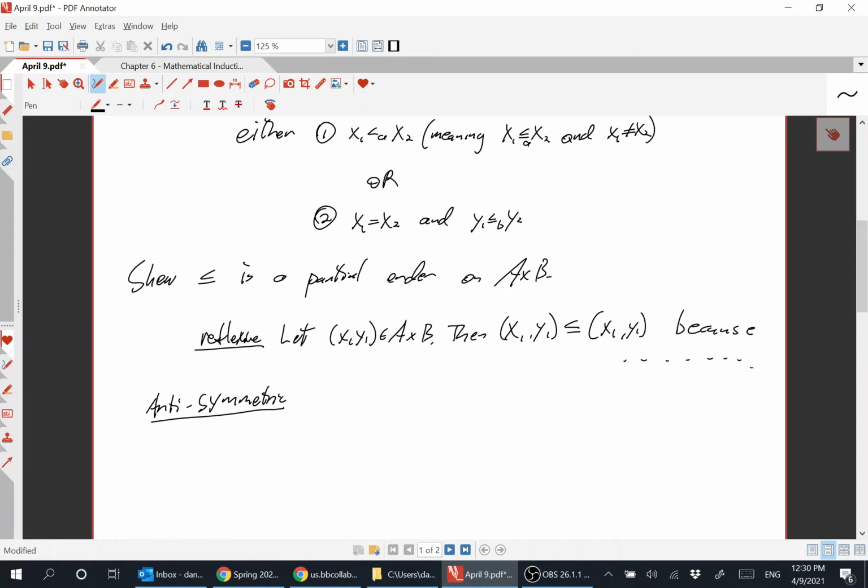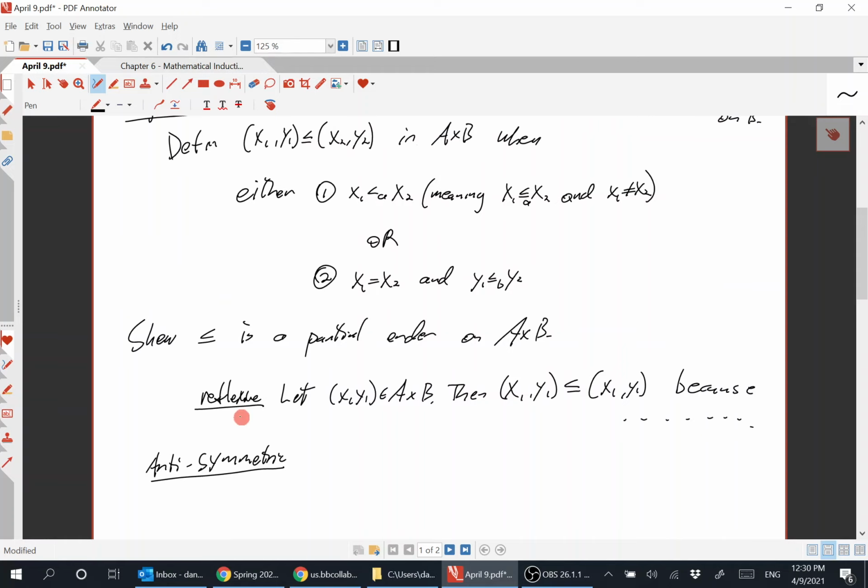It has to somehow satisfy either 1, which it certainly can't, or 2. So it must be that it satisfies 2. So you say y1 is less than or equal to y1. All right, and remember that you already know that less than or equal to sub B is a partial order on B.